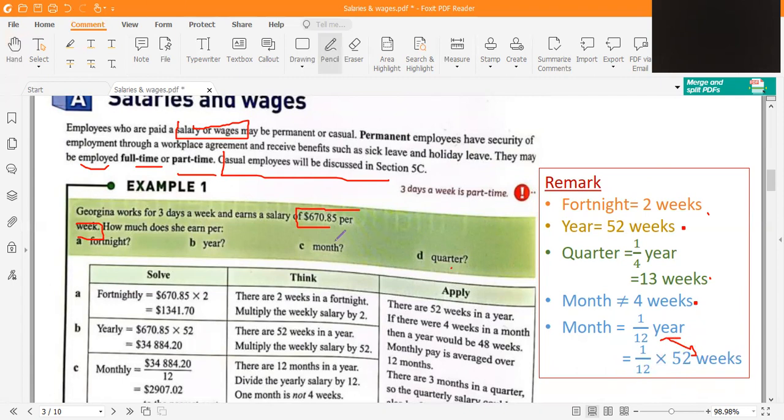If Georgina earns a weekly salary of $670.85, how do we calculate the fortnightly salary? Fortnightly salary equals the weekly salary times 2, because we have 2 weeks in a fortnight.